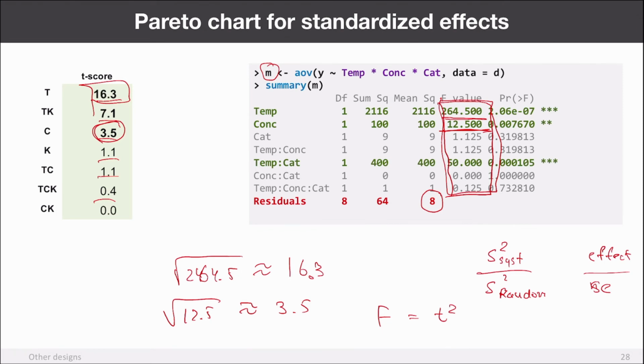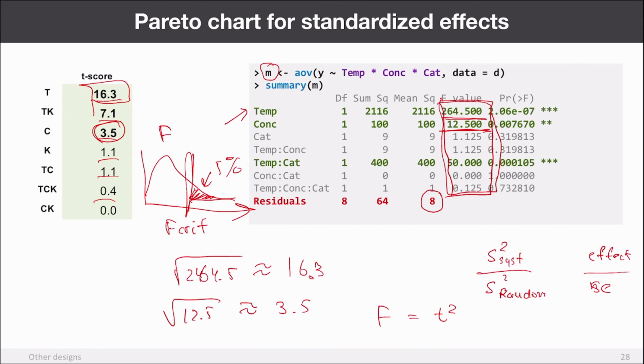Moreover, we can also compute a critical value, right? So remember that for temperature, the F critical will be, you remember that we have an F distribution. This is the F value we observe, and this is the p value, right? And then you can find a critical F value. So here you have 5%.